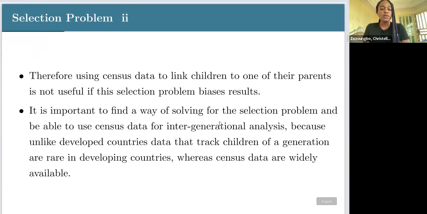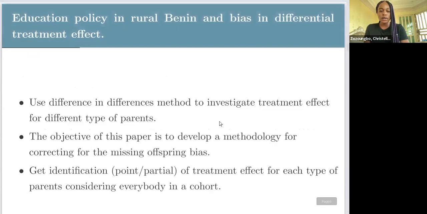So before I get into what I really want to do in this paper, I want to talk a little bit about the particular context, like data context in which I want to do an empirical test for the method that I'm developing in this paper.